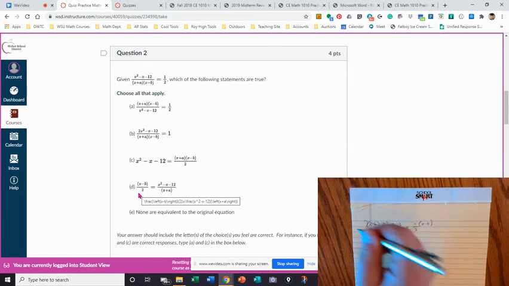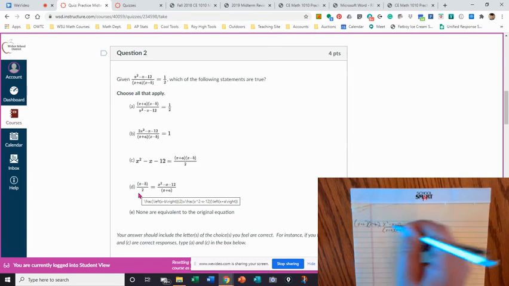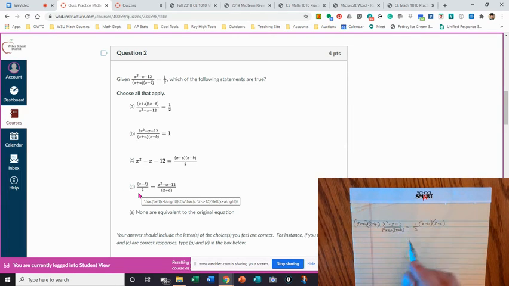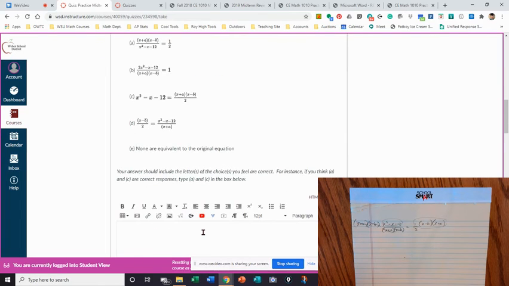On the previous problem, on the previous right answer, they multiplied by x plus a on both sides. That canceled out all of that, and I had x squared minus x minus 12 equals that times 1, which is just x minus b times x plus a all over 2. That's what this is. So I'm looking at this, and C is the right answer. That's correct. And D. So C and D. Okay?